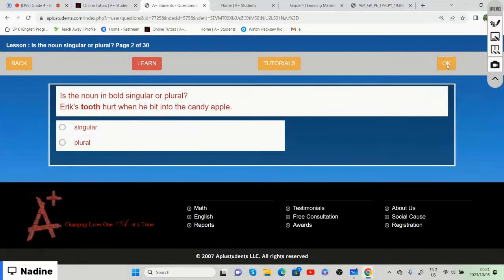Eric's tooth. Is it singular or is it plural? The tooth. So Eric's tooth hurt. Are we referring to one tooth or is it more than one in his mouth?